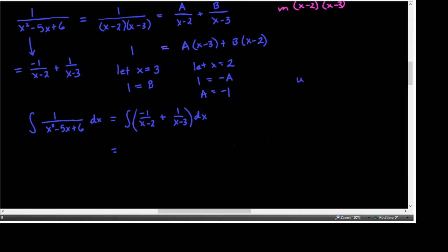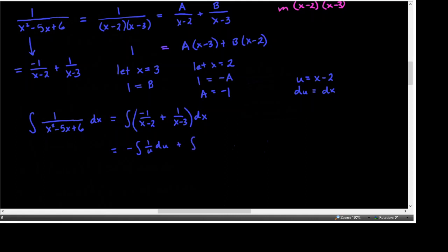So I'm going to do the first one kind of full bore, everything you might want to think about. So let u equal the denominator. Du in this case is 1 times dx, which we will have. And so we pull that negative 1 out, and we'll have negative 1 over u du.